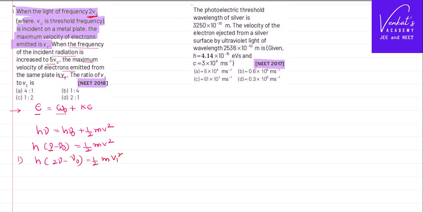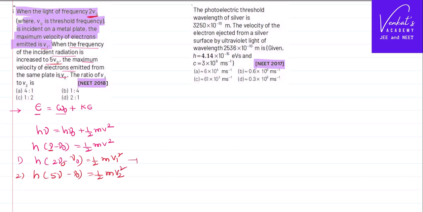It has a velocity v1. Next time, when the incident frequency is 5 times nu naught as given, minus the threshold frequency, which remains the same, the electron now moves with a different velocity v2.